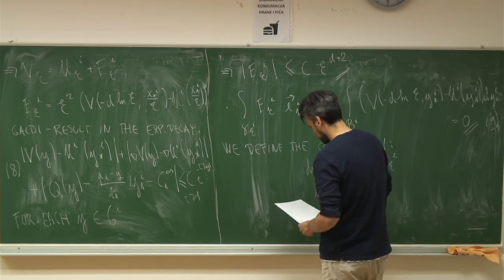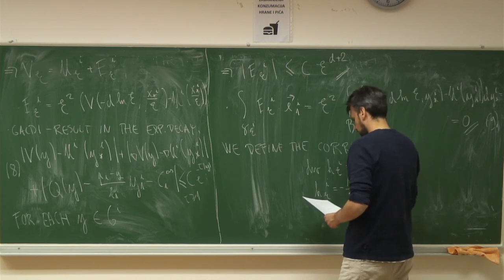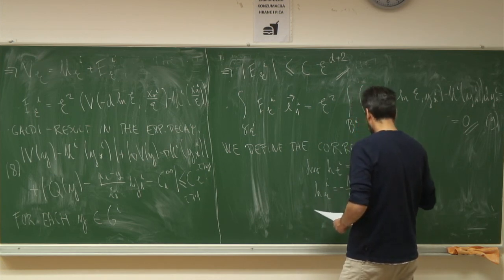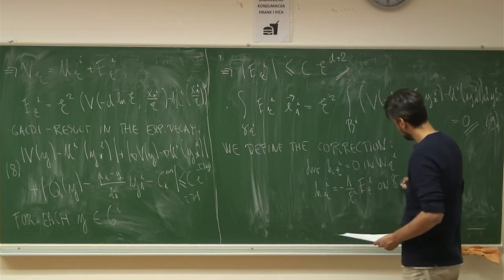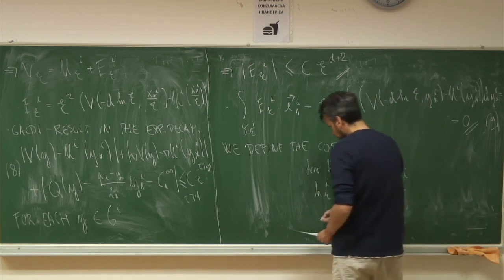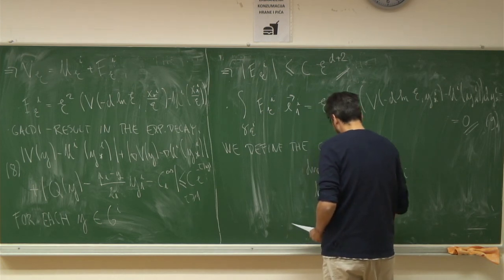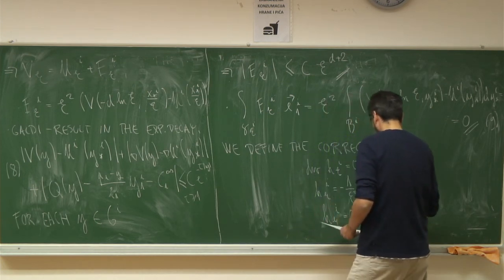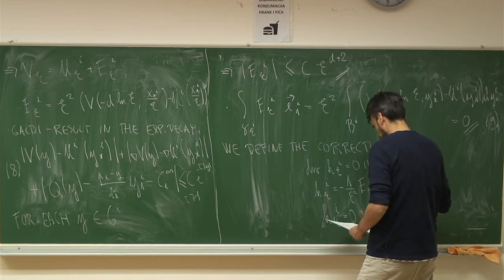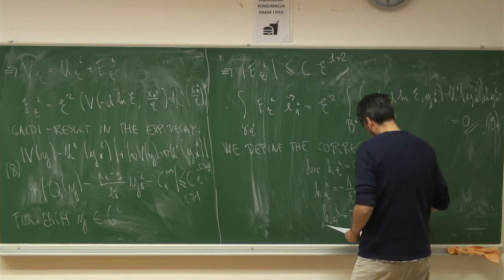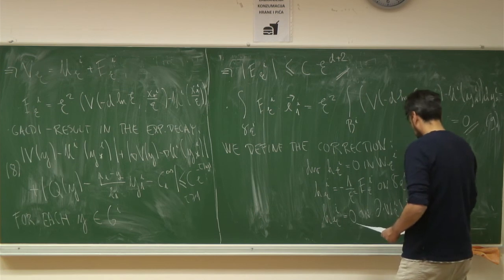H epsilon I is minus 1 over epsilon squared E epsilon I on the interface, and H epsilon I is 0 on V epsilon I without the interface.